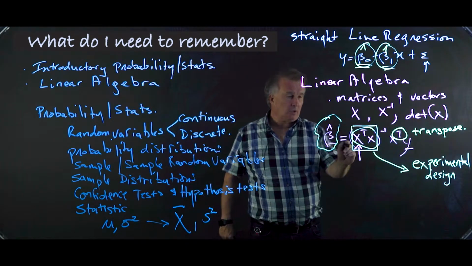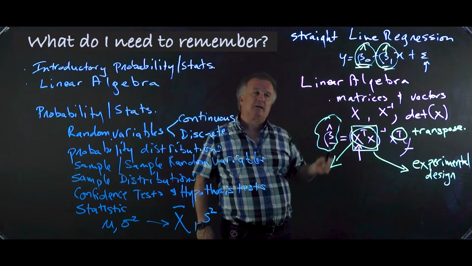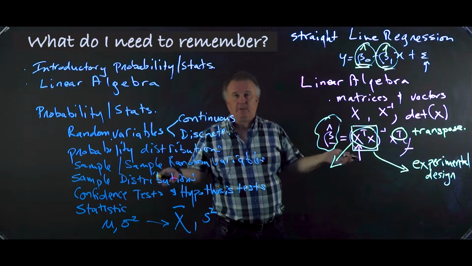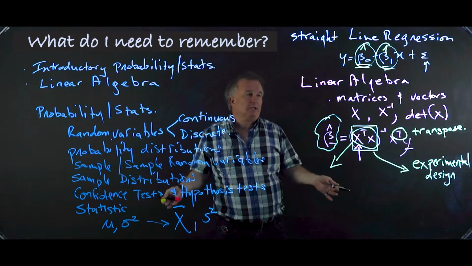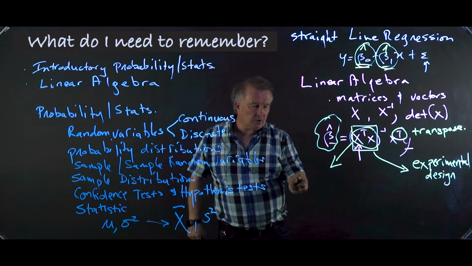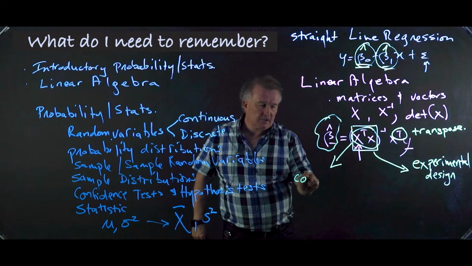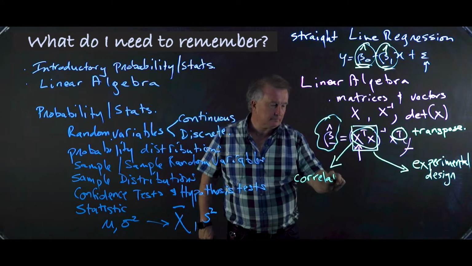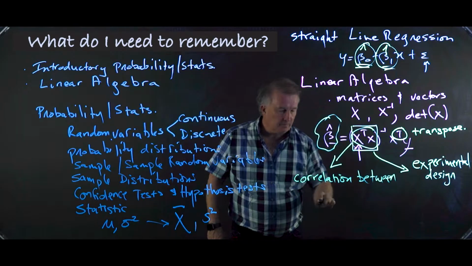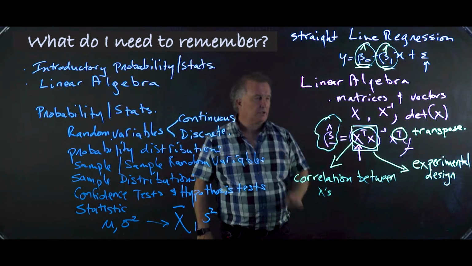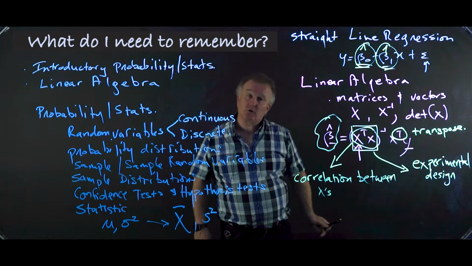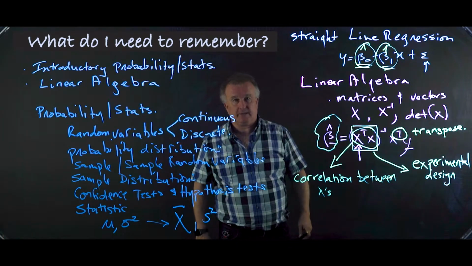But the other important role of X transpose X, and this is especially if the values that we have in the X have come from historically collected data, is that this X transpose X also summarizes, if you want, it's related to the correlation between the X's. And so what we're actually going to do is use something that you did in your first year linear algebra course, so eigenvalues and eigenvectors.